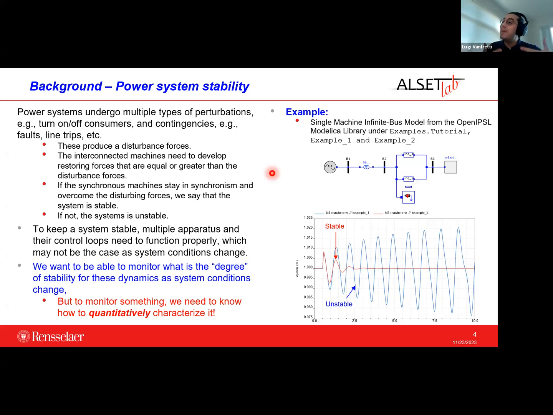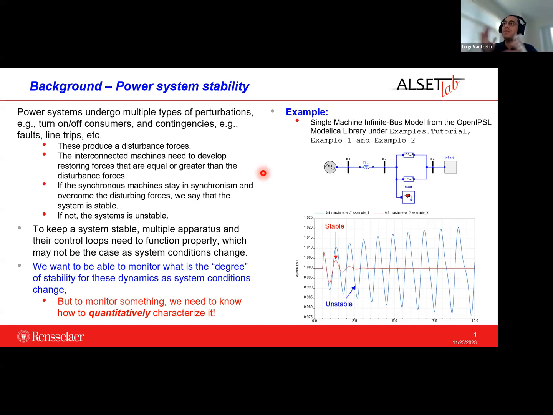But now they will have many control loops inside of them, and they need to function properly across many circumstances as the system changes. But that might not always be the case. There could be a system change that, as you saw in the first slide, you can start going unstable.